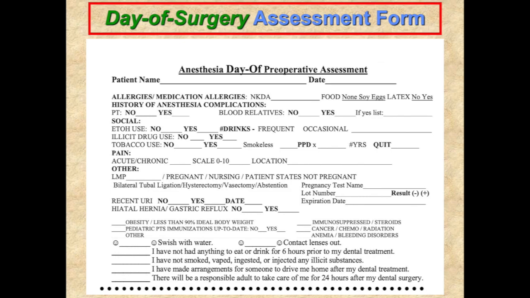A recent URI is an upper respiratory infection, not UTI, which is a urinary tract infection. If they've had a cold within the past week or so, are you going to want to be creating vapors from the high speed and the water vapor that's put out so that all of you get to breathe that cold virus? I think not.